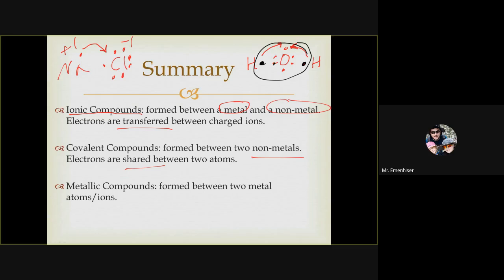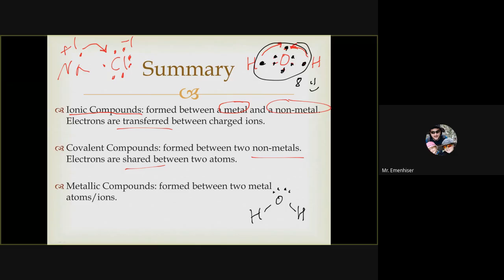And remember, oxygen has his own 6. So 2 plus 6 gives us 8, which gives us happy face. Right? And so the water molecule is happy. So that's a water molecule, H2O, and 2 nonmetals forming a compound where electrons are shared.